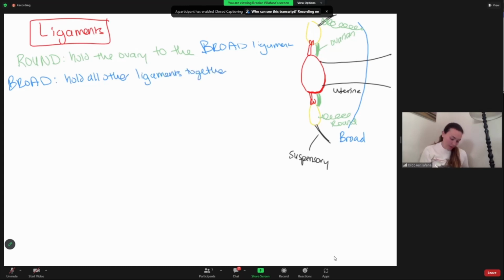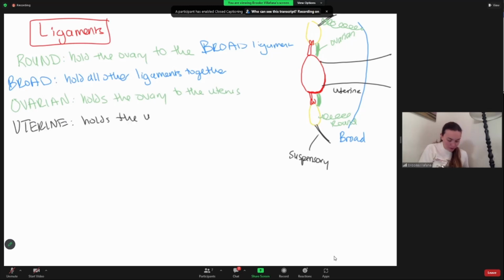Okay, then you have your ovarian. Ovarian ligament holds the ovary to the uterus. The uterine ligament holds the uterus to the body cavity, to the body.